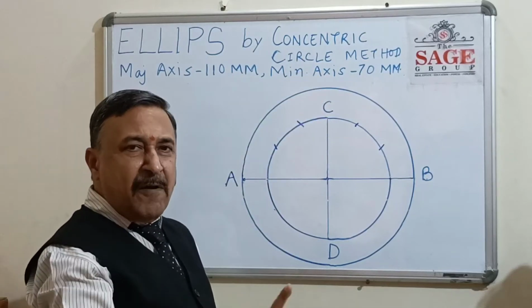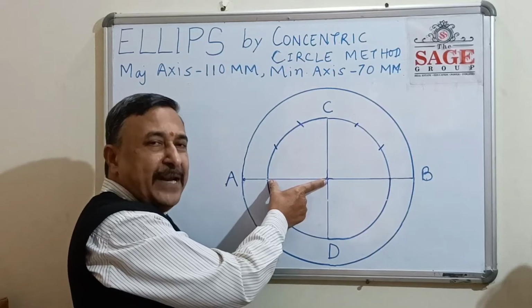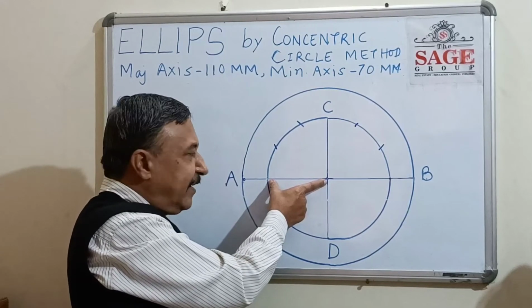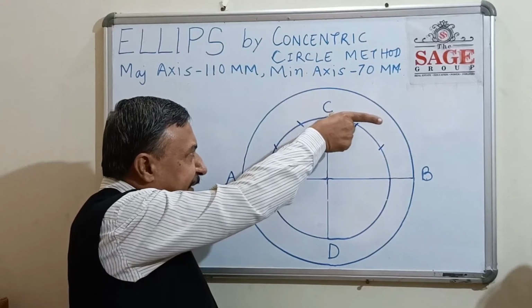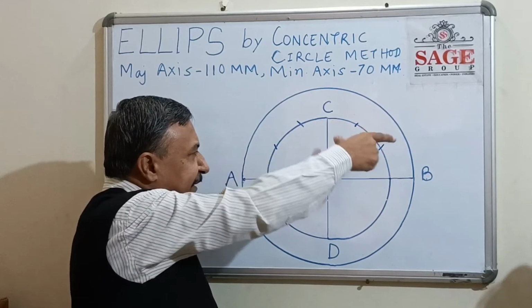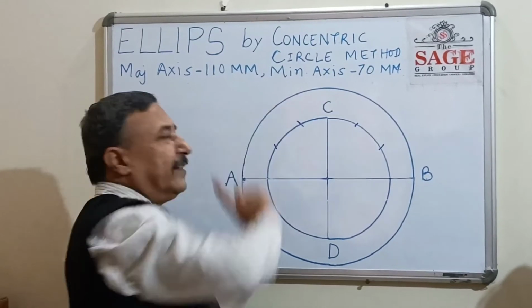So can you draw? We take the radius of the minor circle and draw one arc. Now take this center, another arc, take this center, another arc, take this center, another arc.